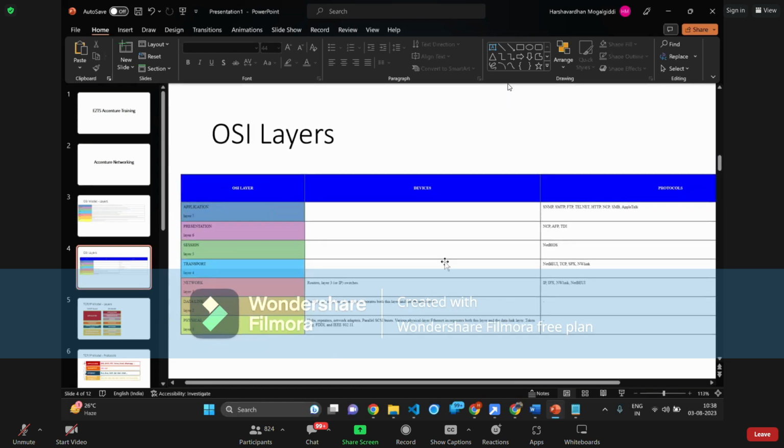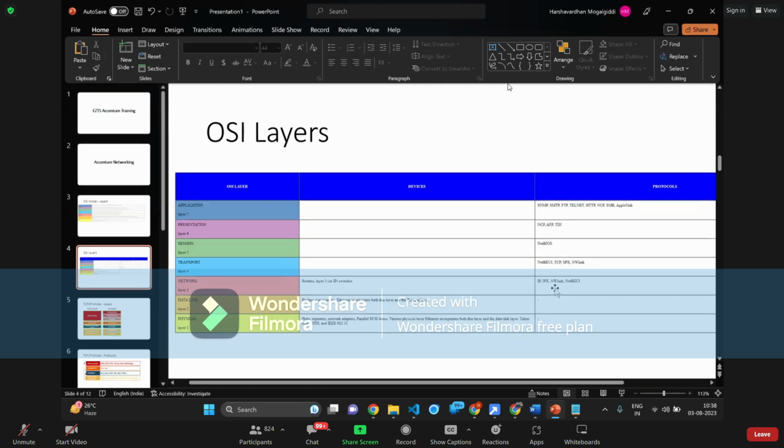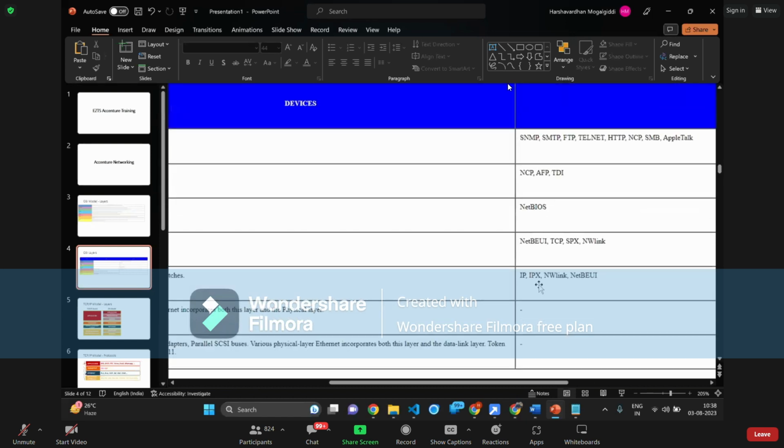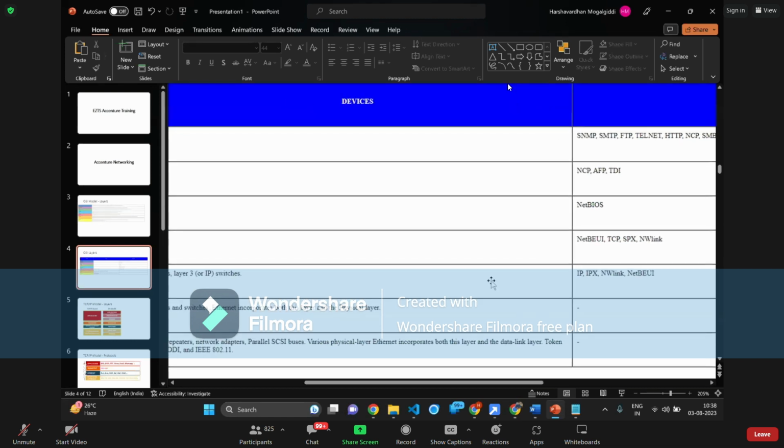Now what different protocols do we have on the network layer? We've got IP, IPX, NWLink, NetBEUI. So what does IP stand for?